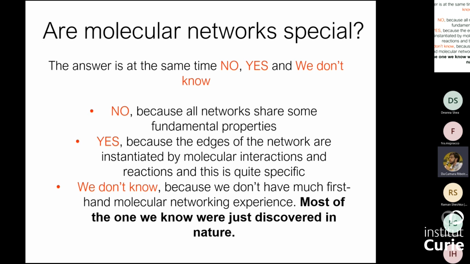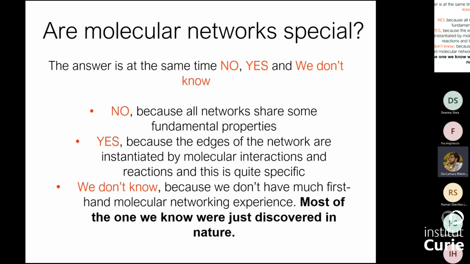And then we can also say yes, because we have a network that performs, for example, computation in cellular networks. But the edges of those networks are something very different from an electronic component. They are molecules. So the nodes are molecules, and the edges are reactions or interactions between molecules. So that's relatively unusual and quite specific.